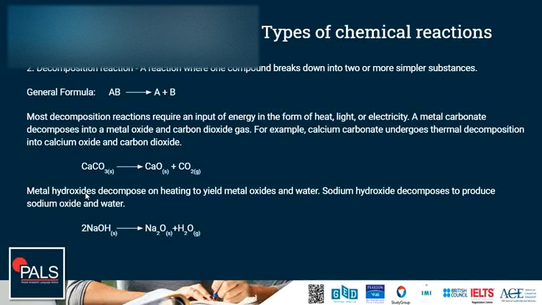Metal carbonate decomposes into a metal oxide and carbon dioxide gas, for example. For example, calcium carbonate undergoes thermal decomposition into calcium oxide and carbon dioxide. So we need to apply heat, we need to put some energy in so that this reaction happens. We can see it below. Calcium carbonate, CaCO3, reacts to form CaO plus CO2, calcium oxide plus carbon dioxide.